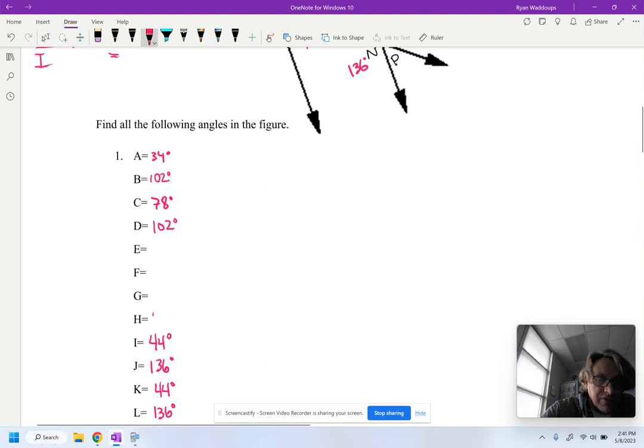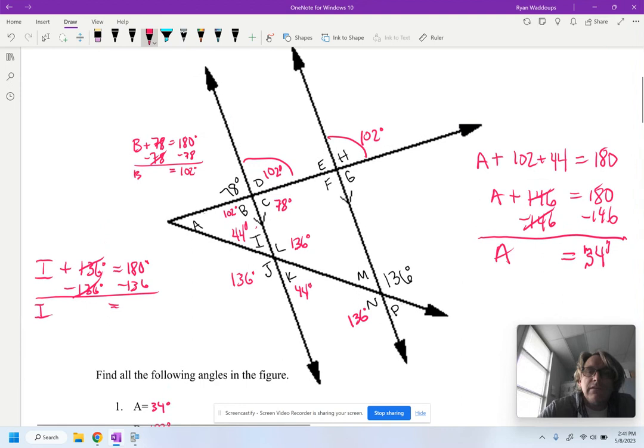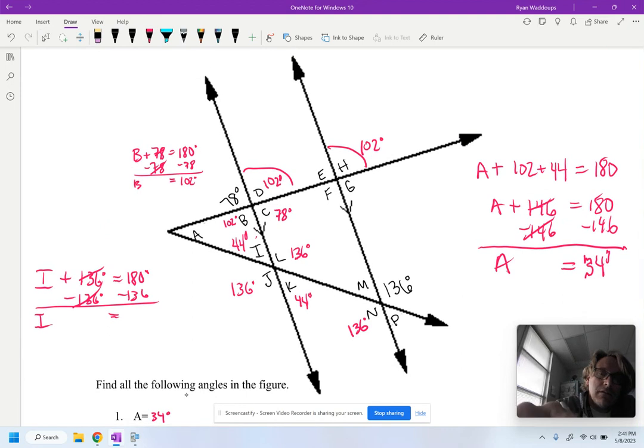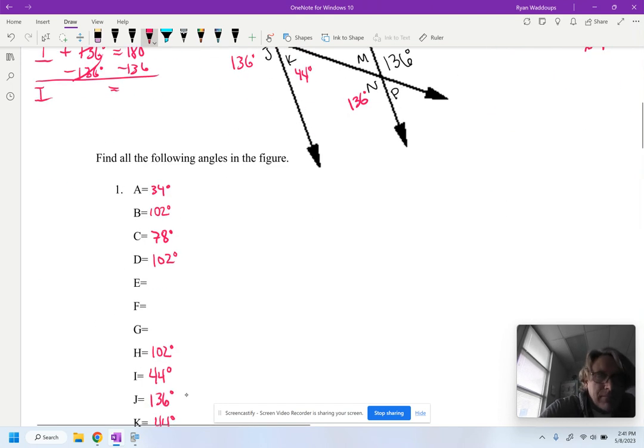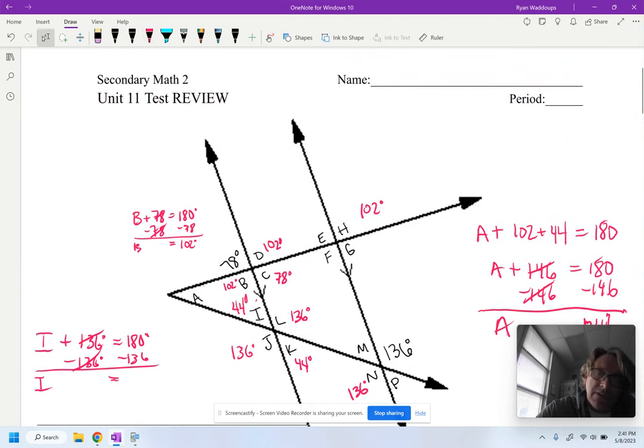H is 102 degrees. And this 78 degree angle and E are also corresponding angles, and so they would also be 78 degrees. E, 78 degrees, and up here in the diagram also, 78 degrees. That means G is 78 degrees.